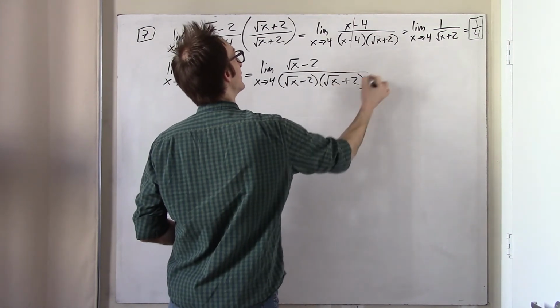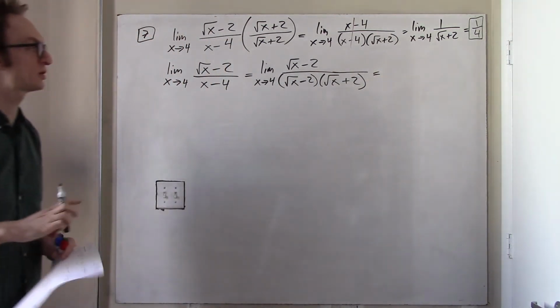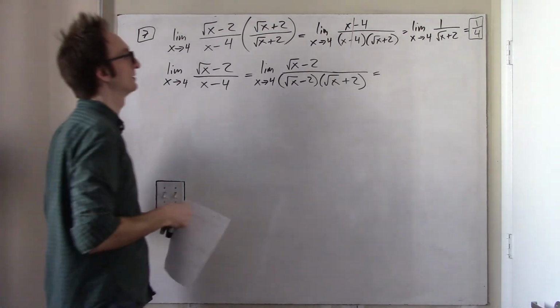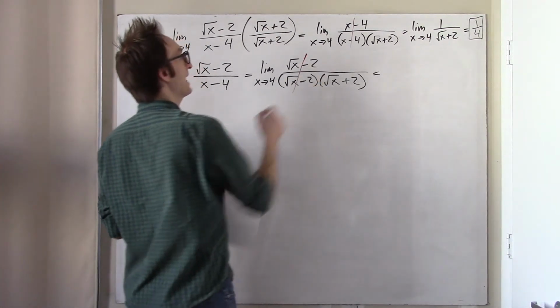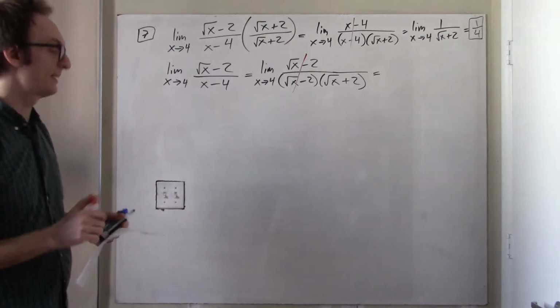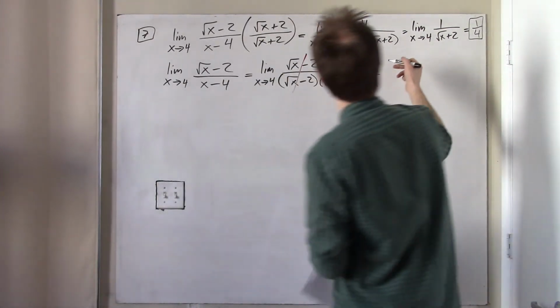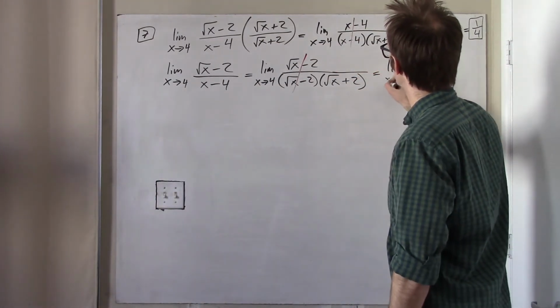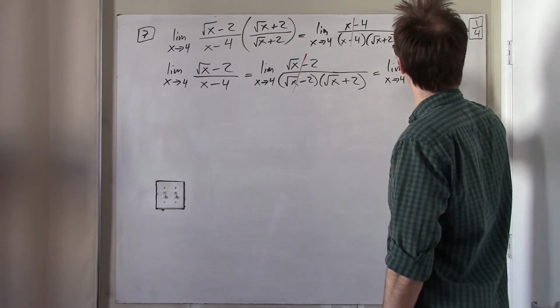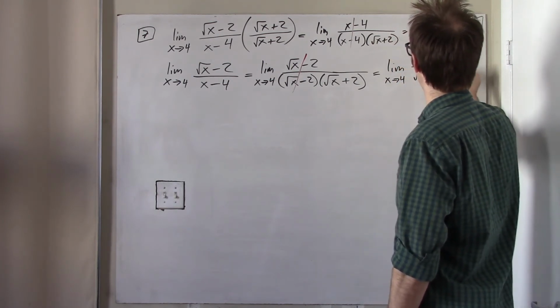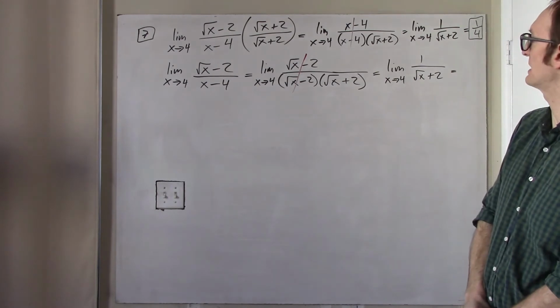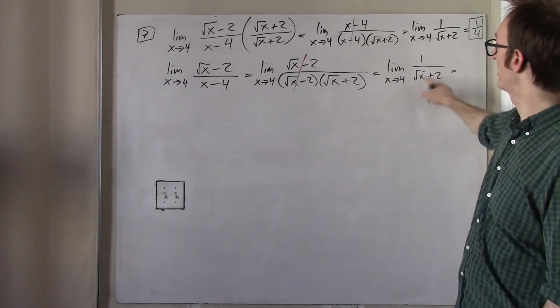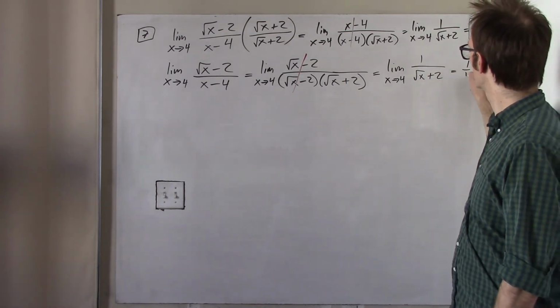And this is more efficient, or more elegant, more to the point. So then this cancels, and we end up in the same place. This is the limit as x goes to 4 of 1 over (root x plus 2). So these are just minor variant solutions. So that becomes a 2. This is 1 over 2 plus 2, so this is 1/4.